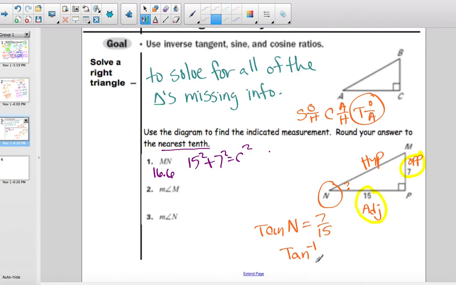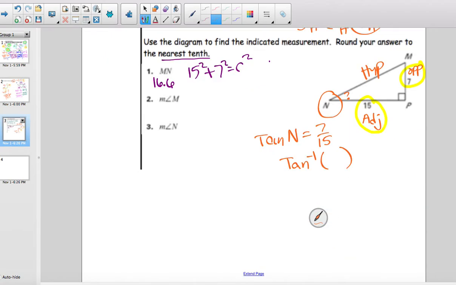You only want to use the inverse function if you are finding an angle. So it will look like this, the inverse tangent with a power of -1. And then it will open a parentheses for you in your calculator. And then inside of the parentheses, you're going to put the ratio.